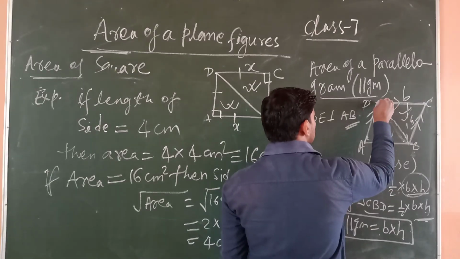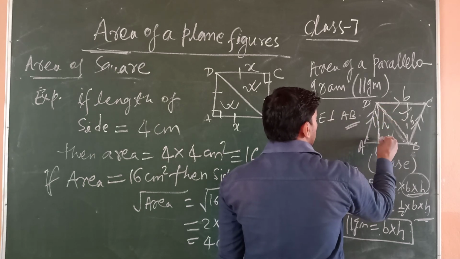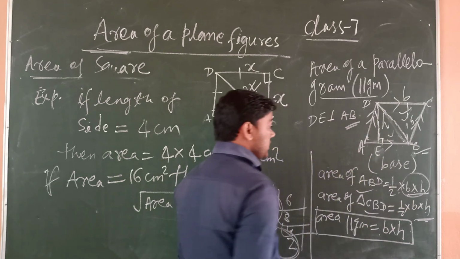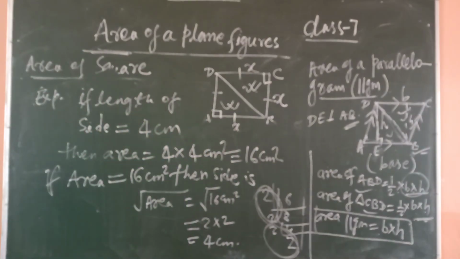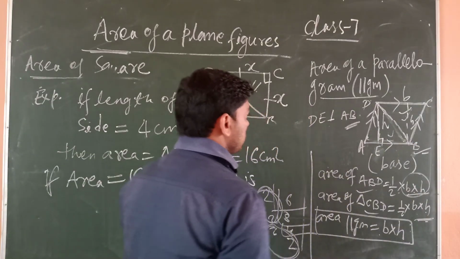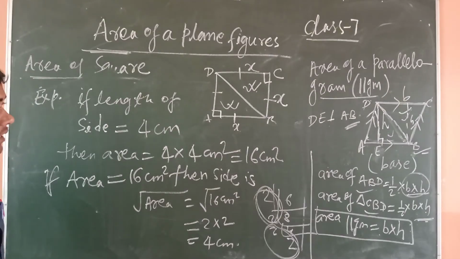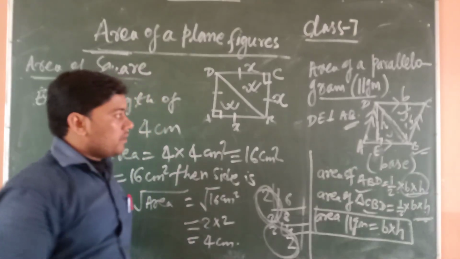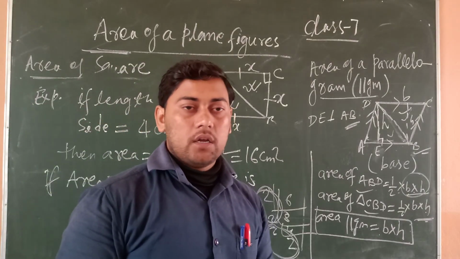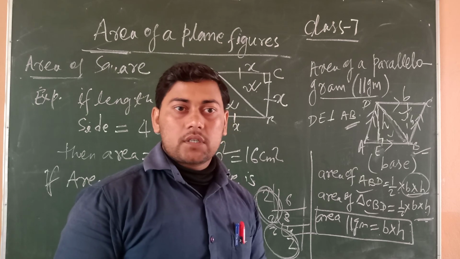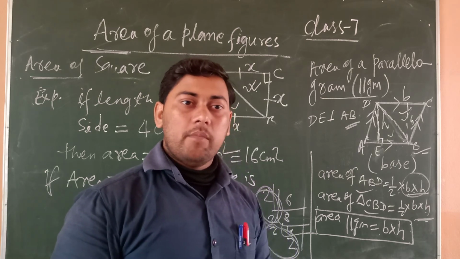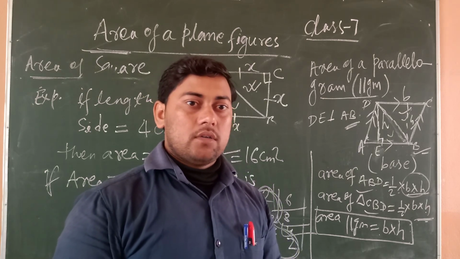I have explained briefly here how the area of a triangle is 1/2 into base into height with the help of properties of a parallelogram, and we will study it deeply in class 9. So for today this much only. In the next video I will discuss the area of a circle and the perimeter of a circle. So thank you.